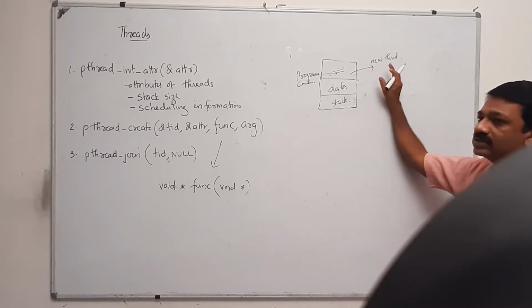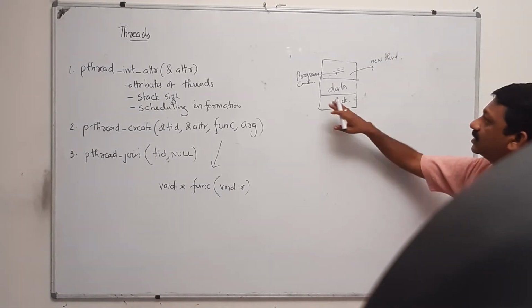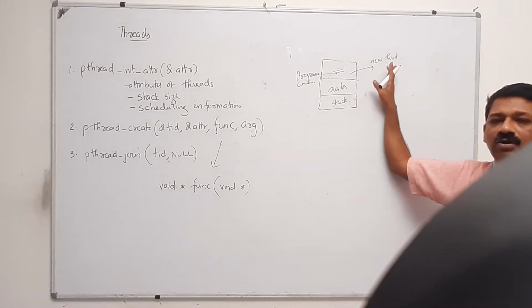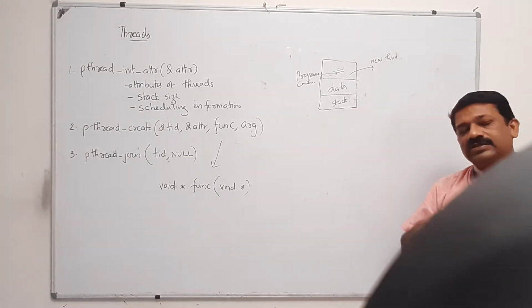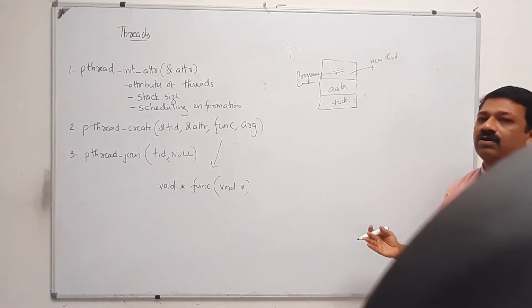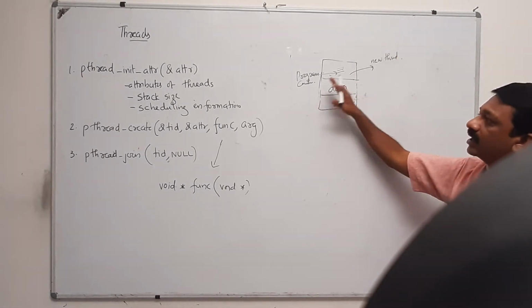Then for this new thread there may be some other execution path, and some other program counter will be simulated. If some other thread is also there, a separate program counter exists for that also. When you are executing, that will be loaded.